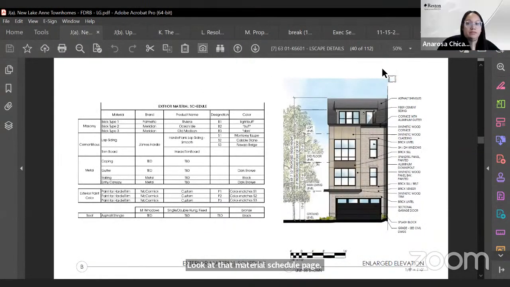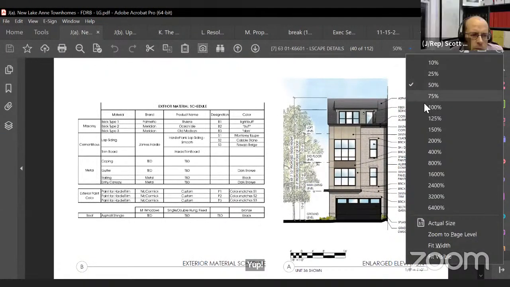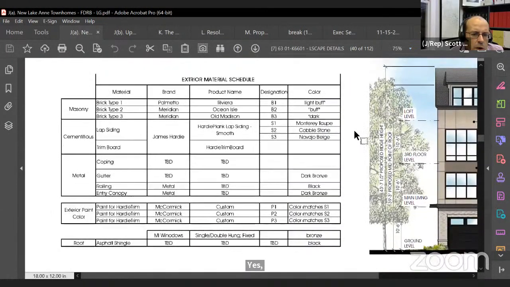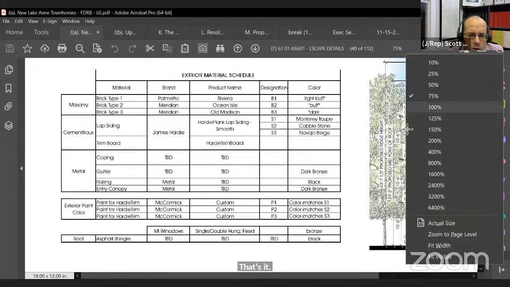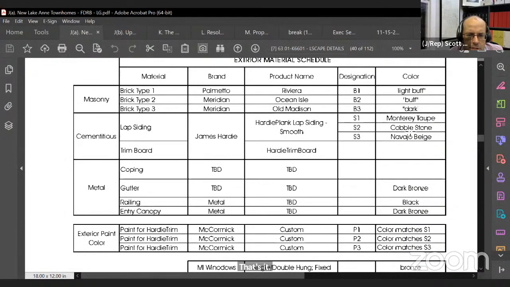Would you like me to zoom in? Yes. On the exterior paint color, you can see you have paint colors there that are noted. They generally match the siding color. So S1 color matches P1, P2 color matches S2. So I think our intent is basically to pick a matching color to the Hardy colors.